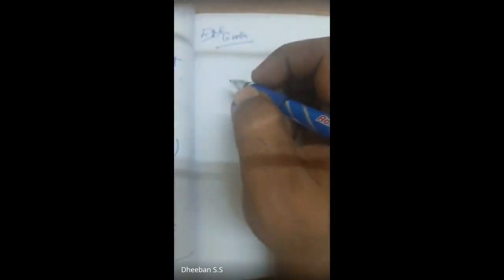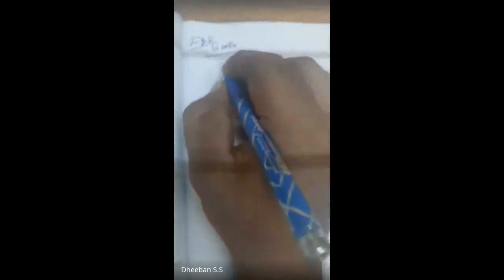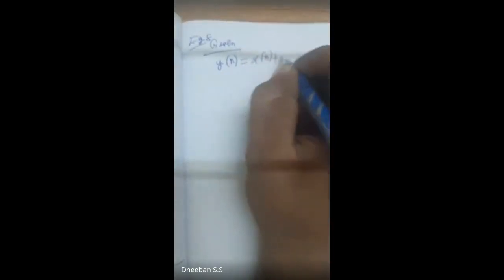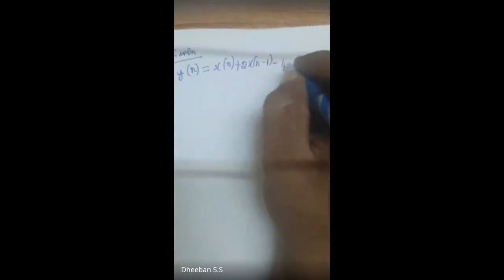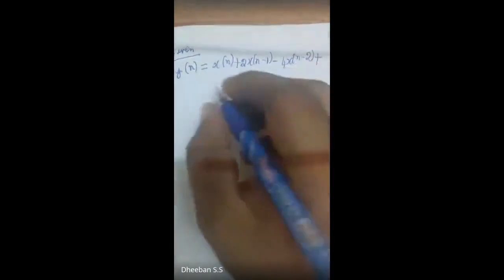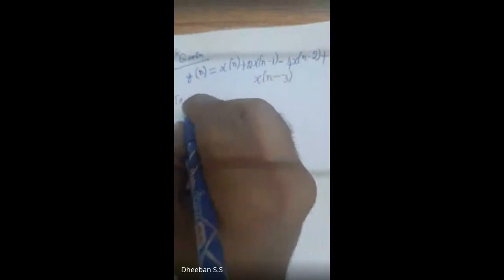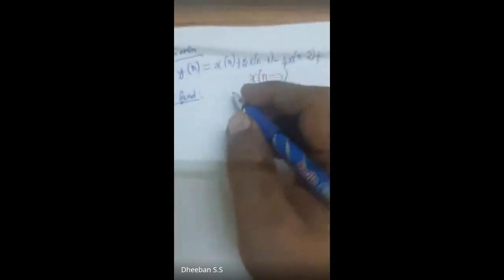Example 8. Given y of n equal to x of n plus 2 into x of n minus 1 minus 4 x of n minus 2 plus x of n minus 3, find the system function.